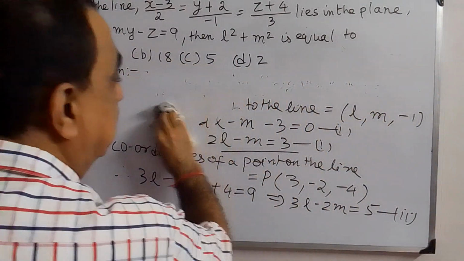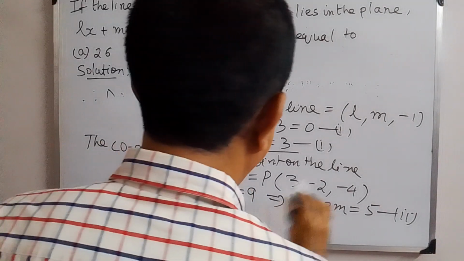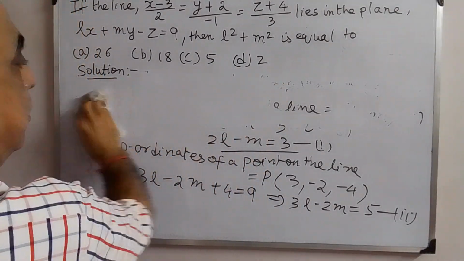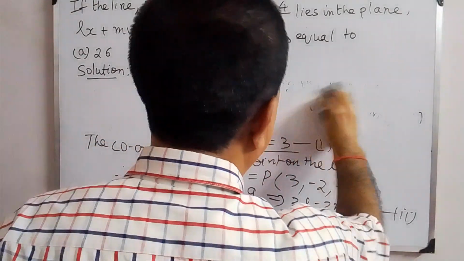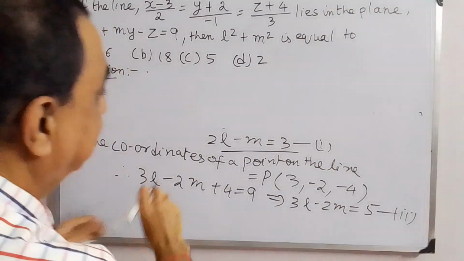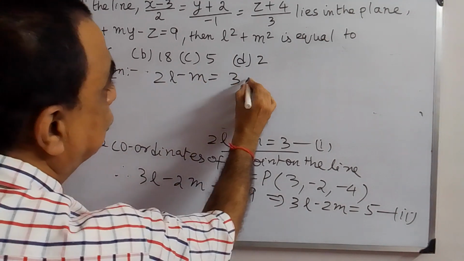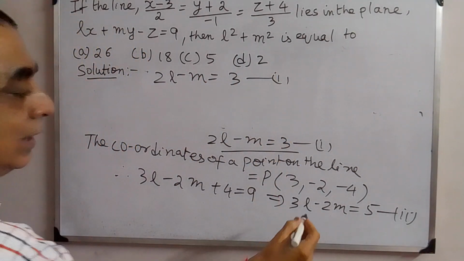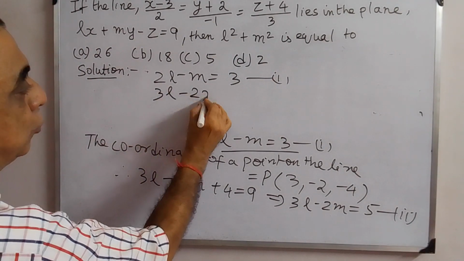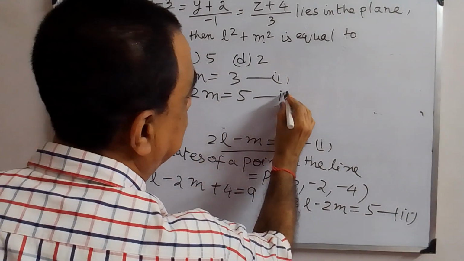Now write the equations on the top, and then we solve those two equations. The first equation is 2L minus M equals 3, and the second equation is 3L minus 2M equals 5.